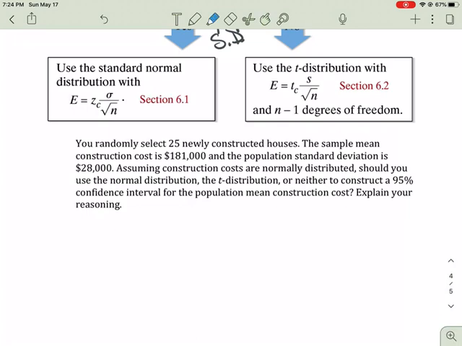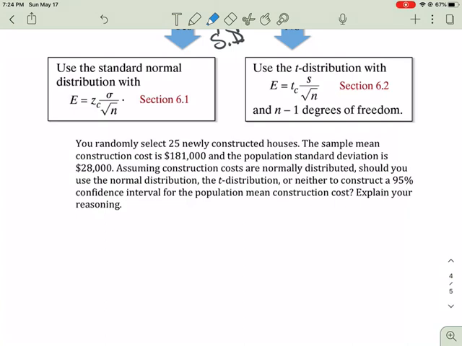Well, as you read through this, you're looking for the standard deviation. Is the standard deviation a sample? Is it a population? Are they doing sigma or are they doing S? Don't get stuck on the words sample mean. It's not the sample mean we care about. It's the standard deviation that we're interested in.